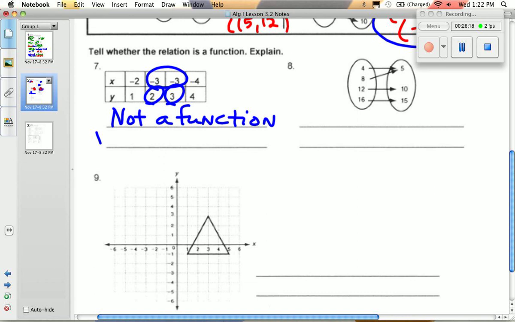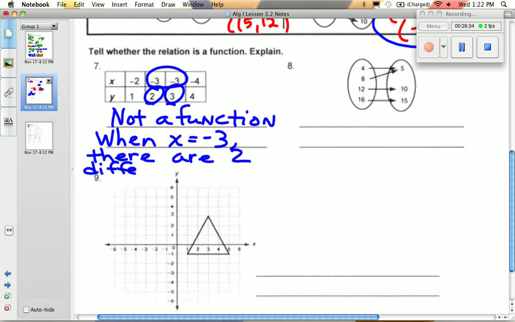We're going to say, in sentence form, when x equals -3, there are two different y values. Some of you are not writing. So when they tell you to explain, you're going to write a sentence that explains why you are answering that it is or it is not.